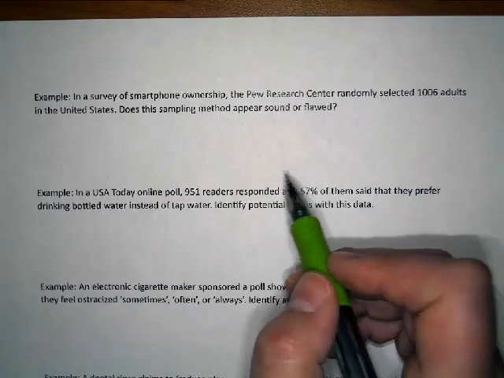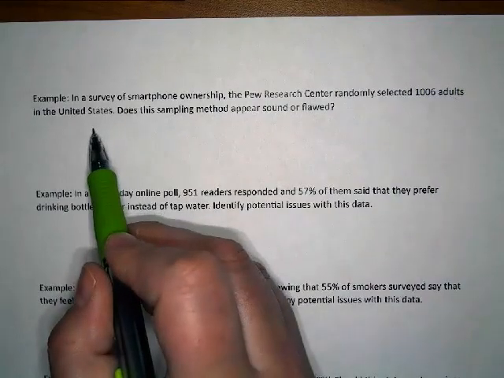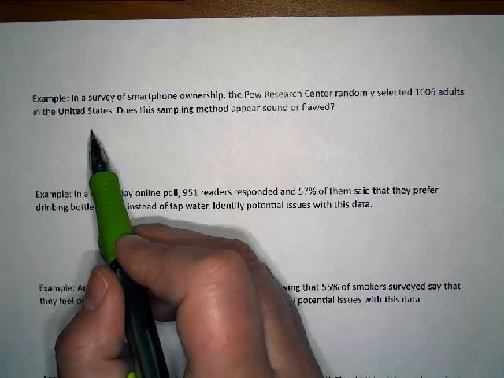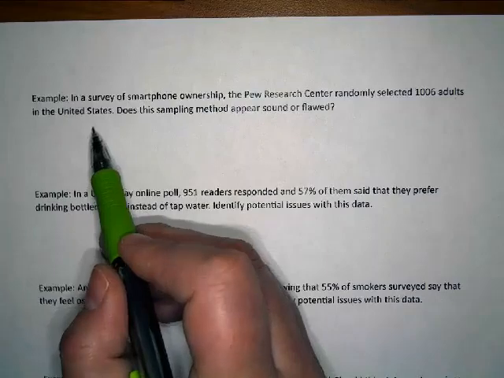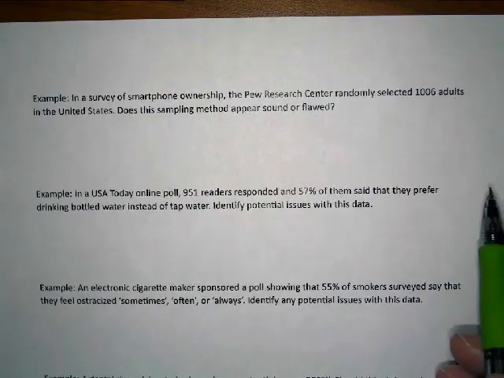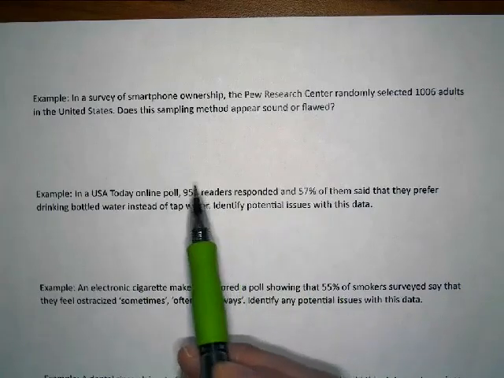So if you are looking at adults in the United States and you want to know about their smartphone ownership, then you could say it's relatively sound. But if you're talking about all of the people who own smartphones in the United States, then you're discounting all the teenagers, all the children who own smartphones, and that's quite a few.